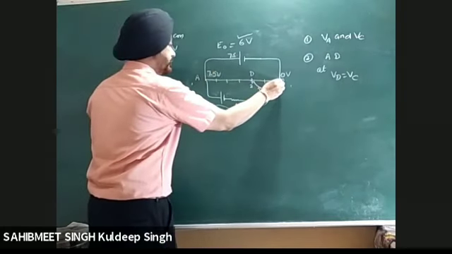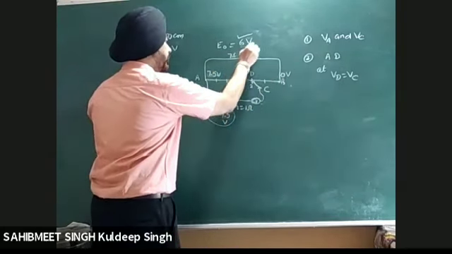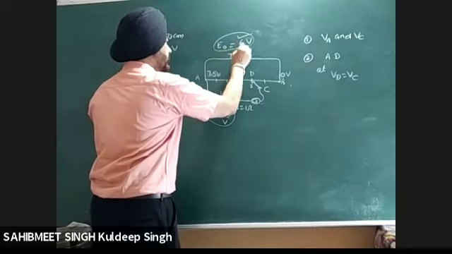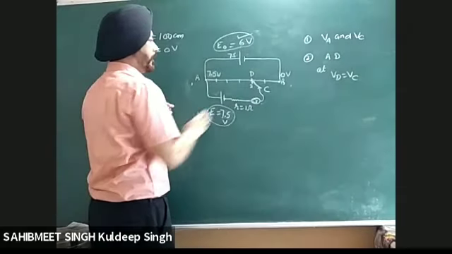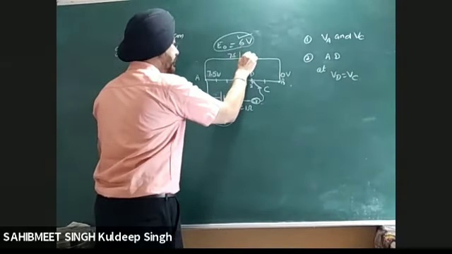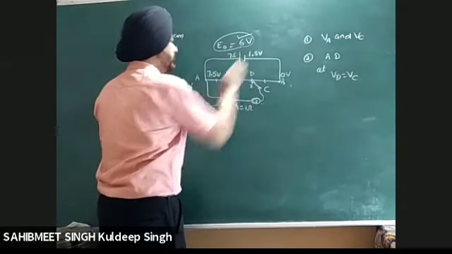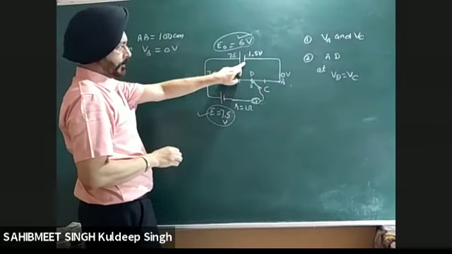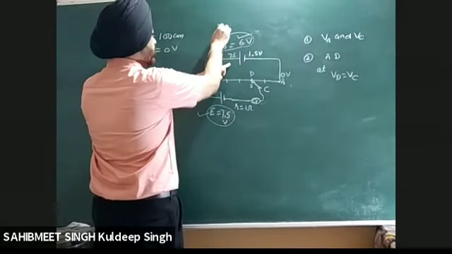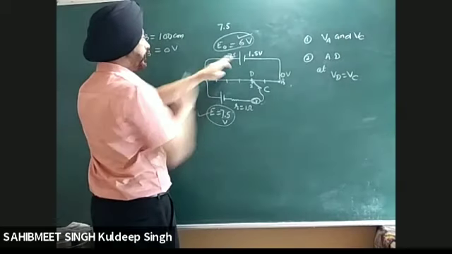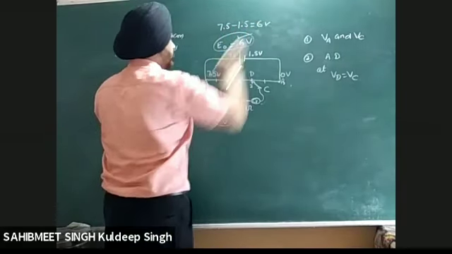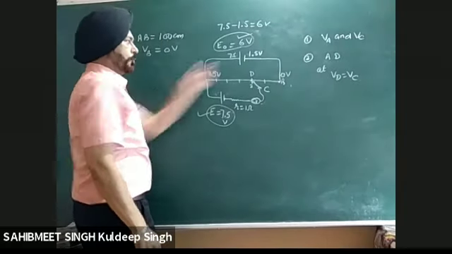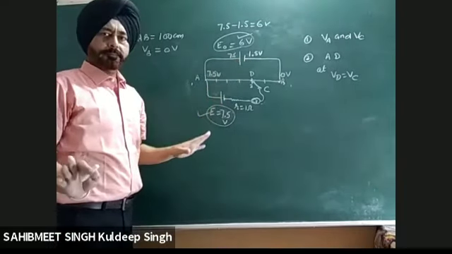But this EMF is 6 volt. To make it 6 volt, I have to assign 1.5 volt to the negative terminal. Because only then 7.5 minus 1.5 will be equal to 6 volt. It is okay, nothing wrong.